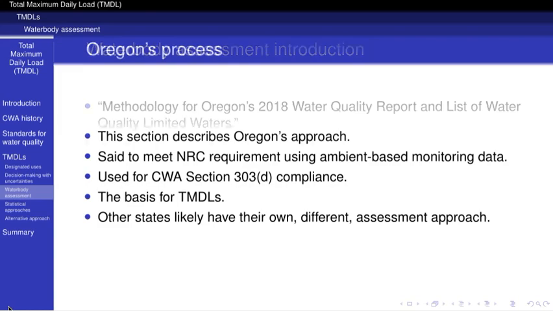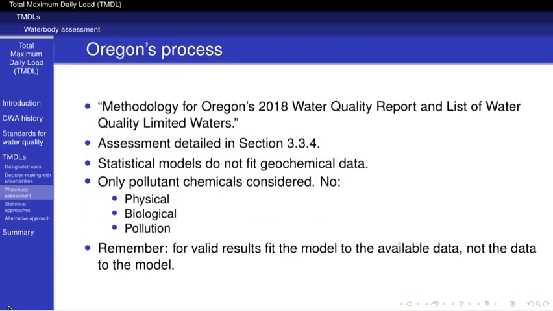However, Oregon's process is described in Section 3.3.4 of the document titled Methodology for Oregon's 2018 Water Quality Report and List of Water Quality Limited Waters. Unfortunately, it specifies statistical approaches and models that do not fit geochemical data such as surface water constituent concentrations.